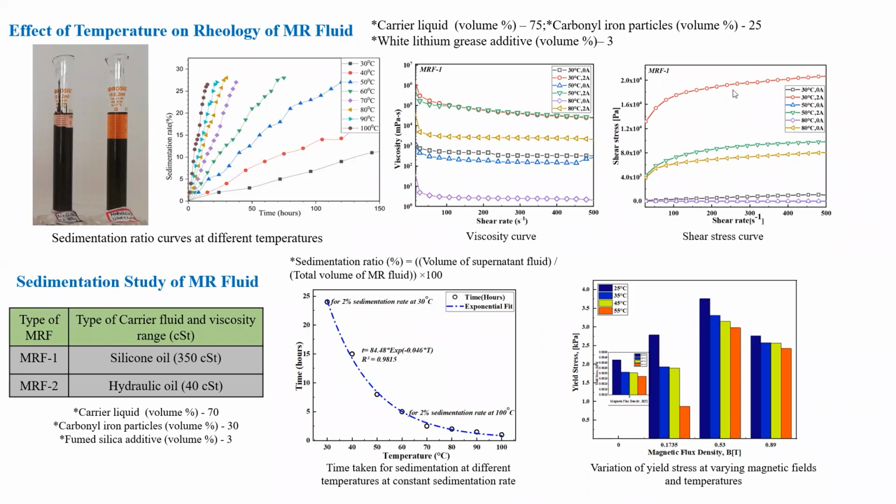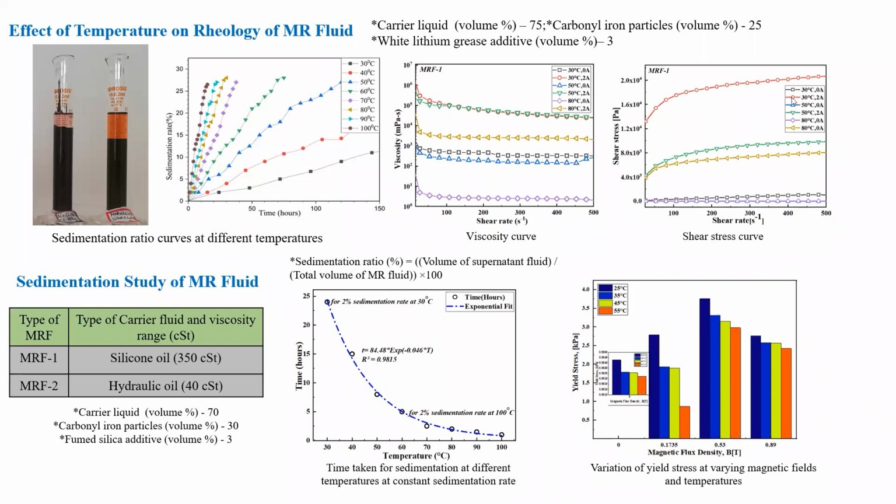If you see this current, if you increase the current, then the shear stress also will increase. For example, it is 80 degrees centigrade, zero current, and if this is 30 degrees centigrade and 2 ampere, it will be this curve.